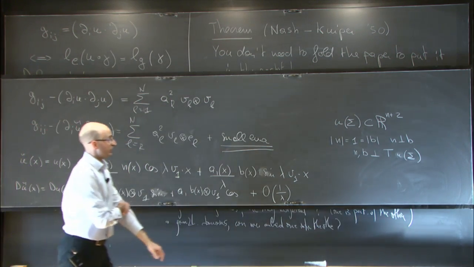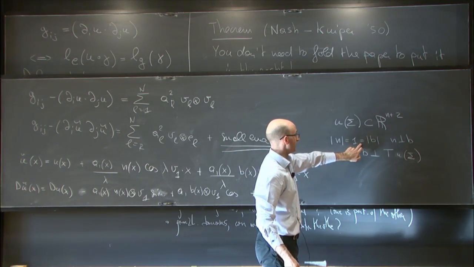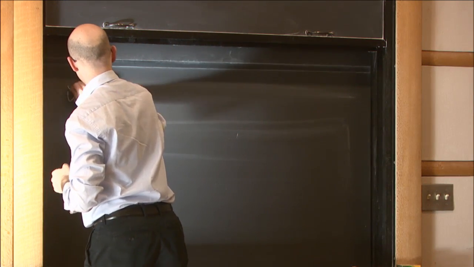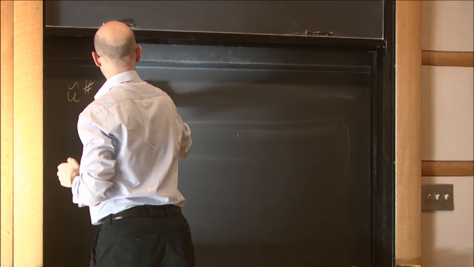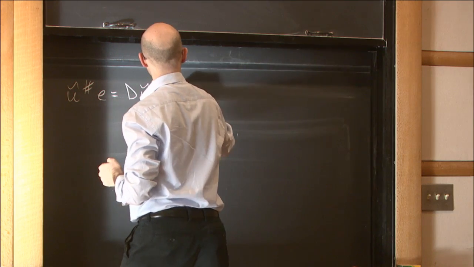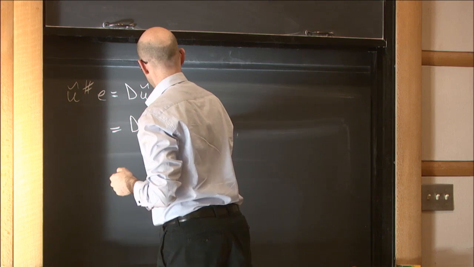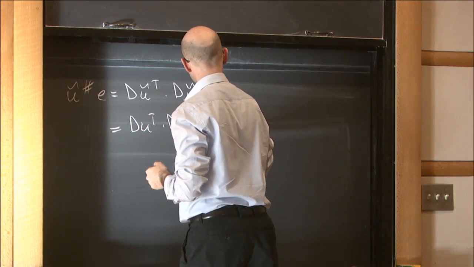And the reason is simply these orthogonality conditions. So if I carry on my computations, which is not too difficult, you will see immediately that when I compute the metric, so the metric is du tilde transpose times du tilde, this is du transpose times du.